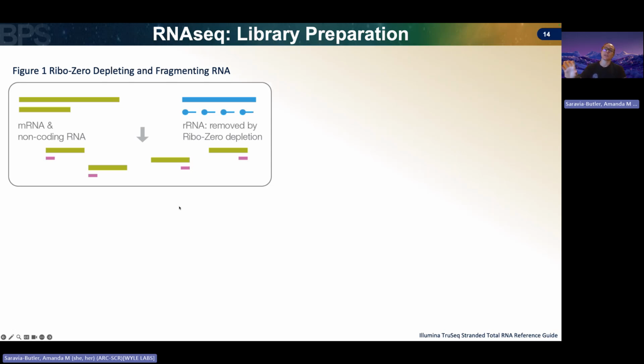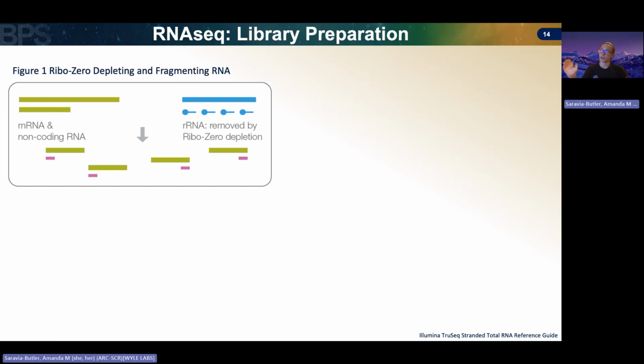As a reminder, what's being shown in this first step is what I just talked about in the previous slide. So you start with your isolated RNA, and then you get rid of your ribosomal RNA. So here we are taking our isolated RNA and removing ribosomal RNA through the ribosomal RNA depletion method.